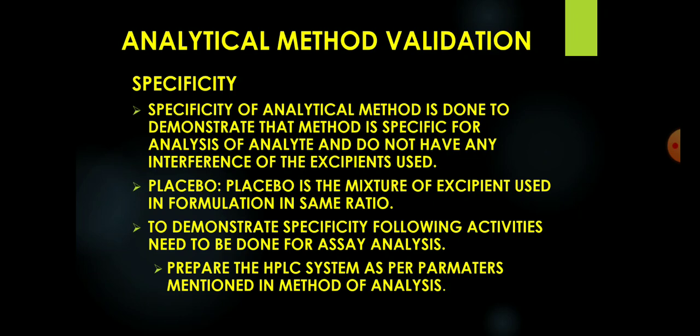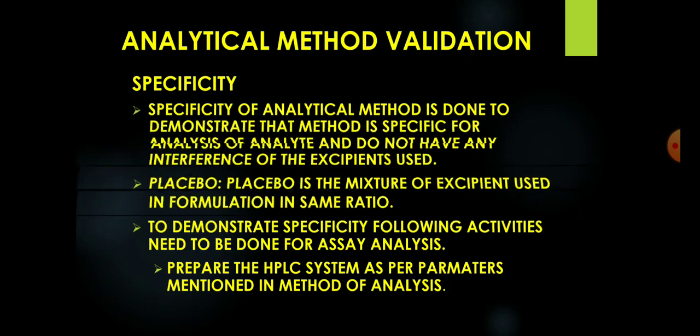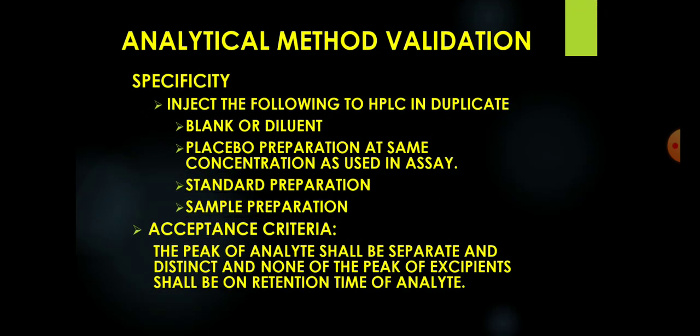We need to prepare our HPLC system as per the intended method. Then the following injections need to be done in duplicate: blank or diluent, placebo preparation at the same concentration as used in our assay, standard preparation, and sample preparations.